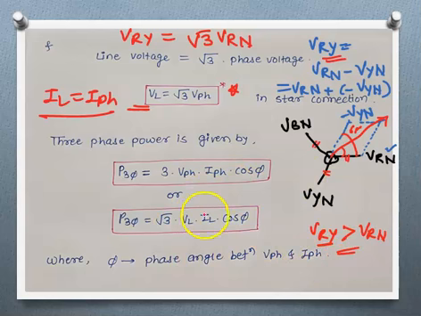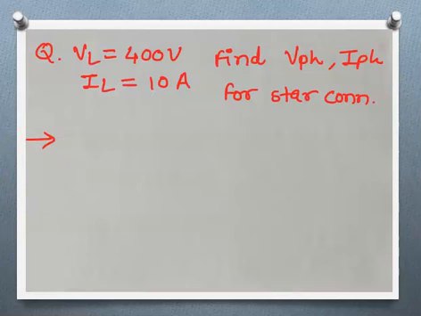Okay, this is all about the relation between phase voltage, line voltage, phase current and line current in case of star connection. Let's solve one numerical based on it. We are given VL is 400 volt, IL is 10 ampere. Find VPH and IPH in case of star connection. That means we have the line voltage and line current values, and we have to find the phase voltage and phase current values.